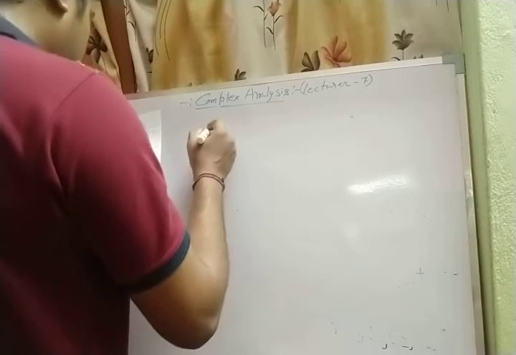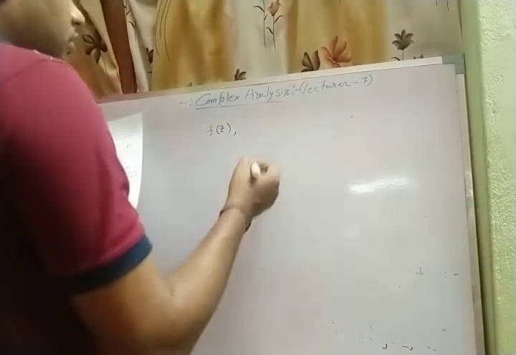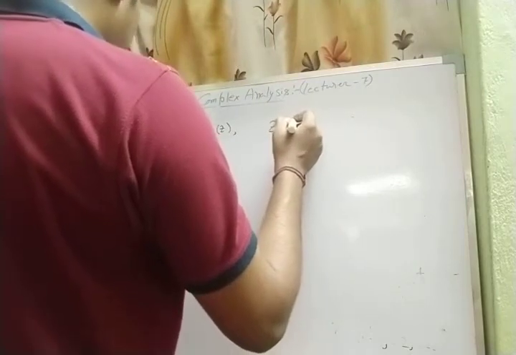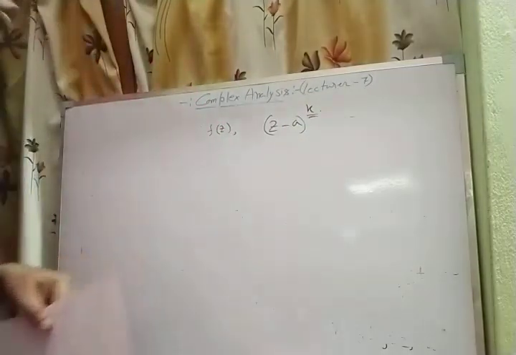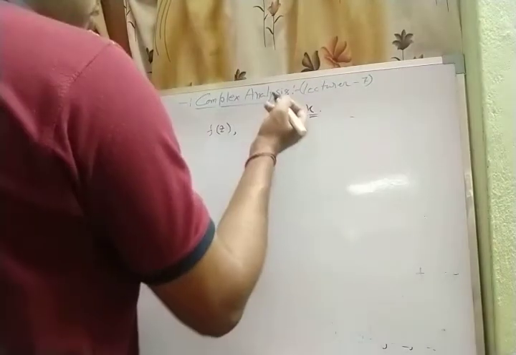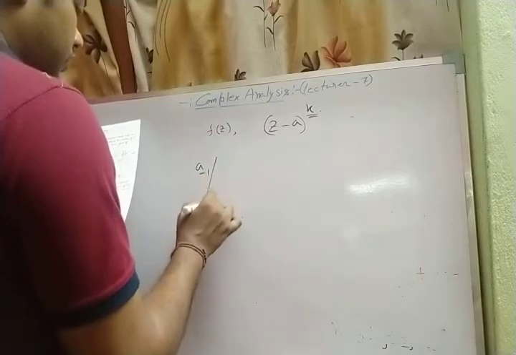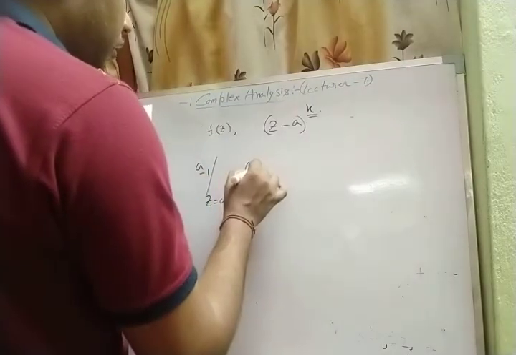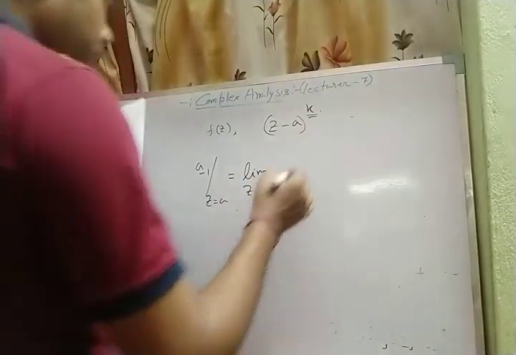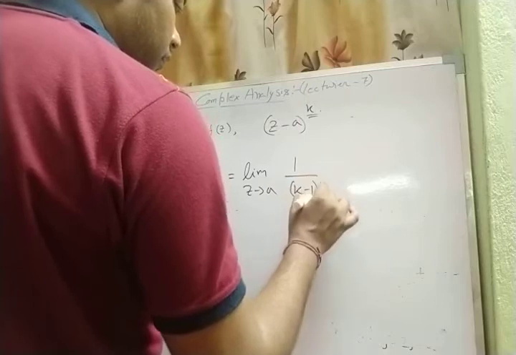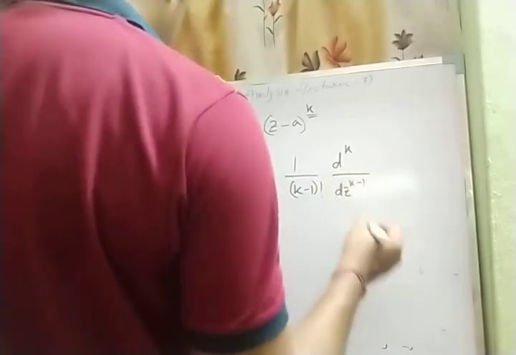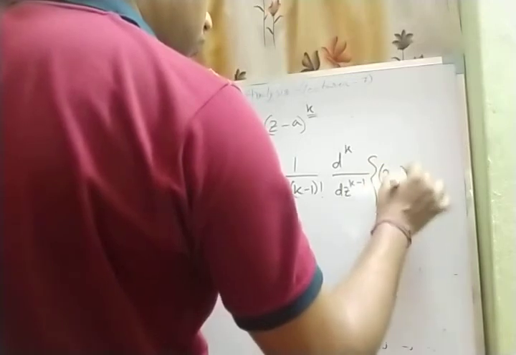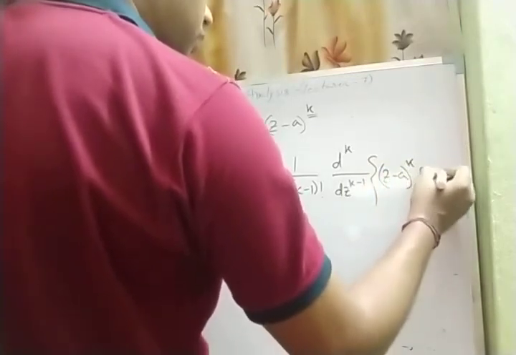If a function is such that its pole lies at a with order k, then how to find its residue at z equals a? a_{-1} at z equals a we can easily find out by the limit as z tends to a of 1 by (k minus 1) factorial times d^(k minus 1) by dz^(k minus 1) of (z minus a)^k times f(z).